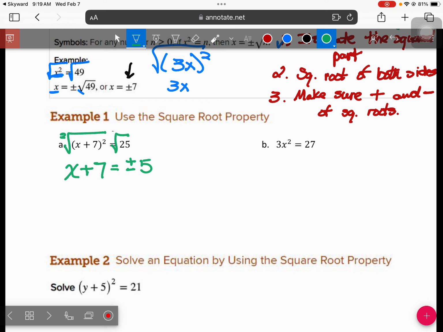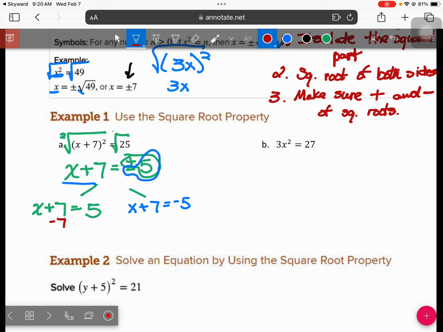And this is where I am going to separate it into two different parts here. Okay? So this is kind of like absolute value, but not quite. So I'm going to say over here, x plus 7 equals the top part, positive 5. And over here, I'm going to say x plus 7 equals the negative 5. Okay?